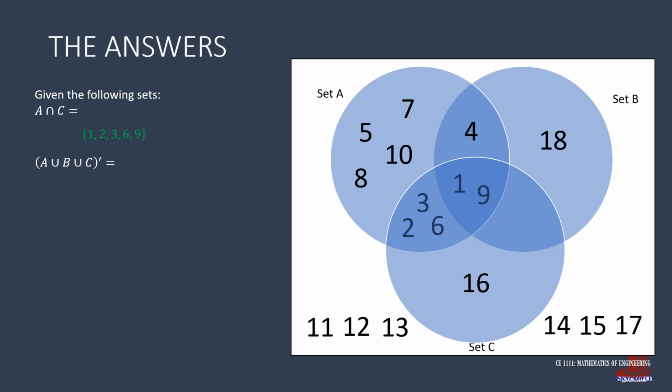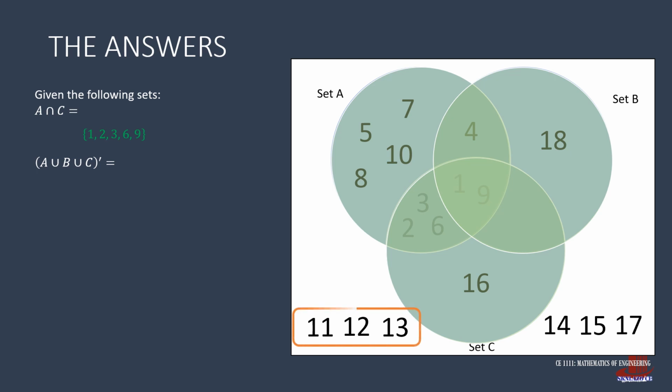The next requirement is to identify elements included in the complement of the union of sets A, B, and C. With most of the elements included in the circles, the complement are those not in any of the circles, being 11, 12, 13, 14, 15, and 17.